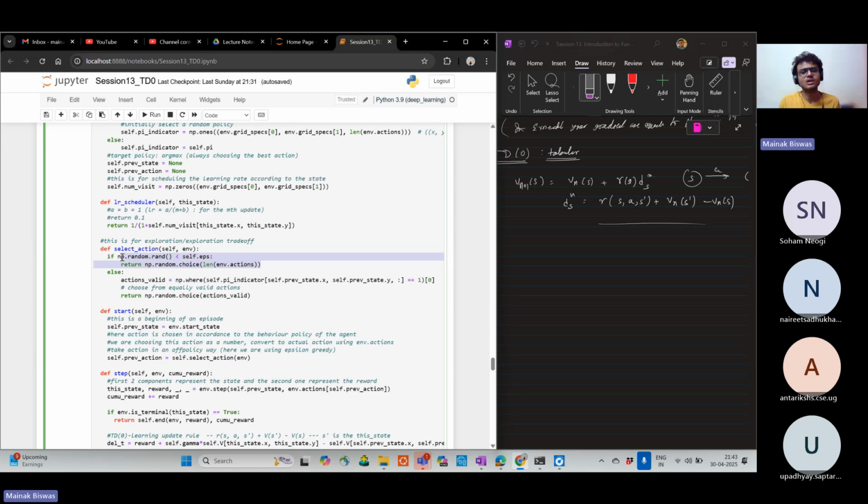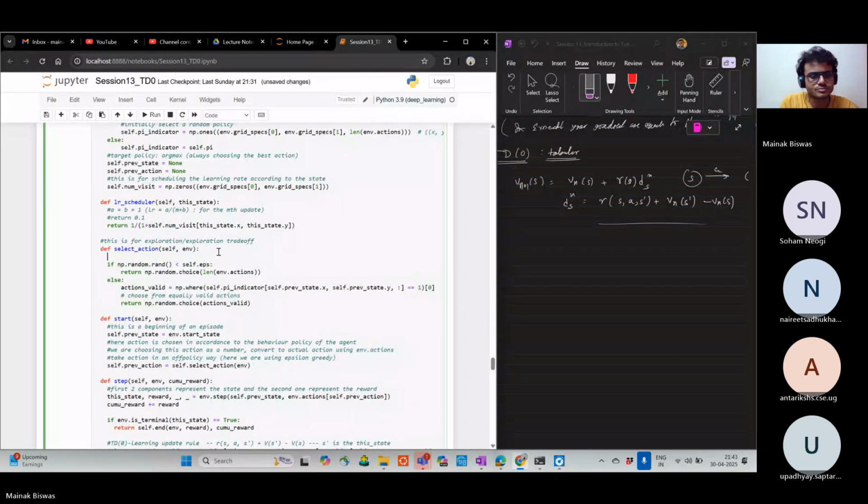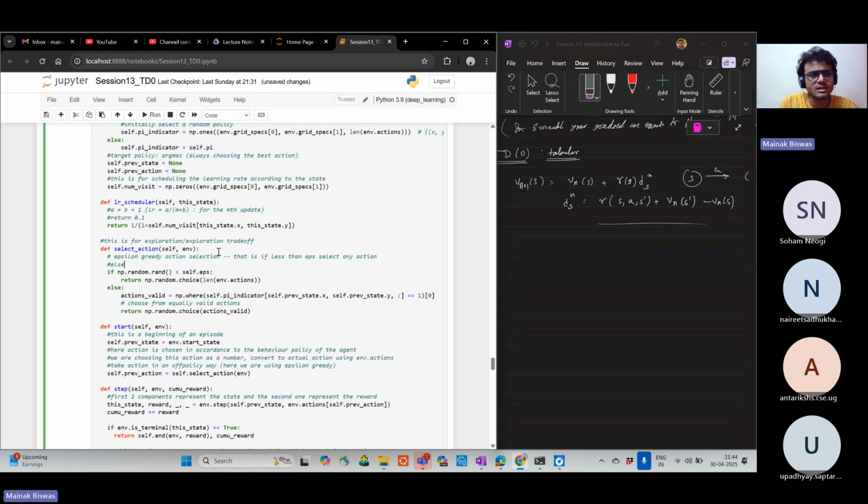Is it clear to everyone? Epsilon greedy action selection: if a random number is less than epsilon, select the greedy action, else select randomly from equiprobable actions.